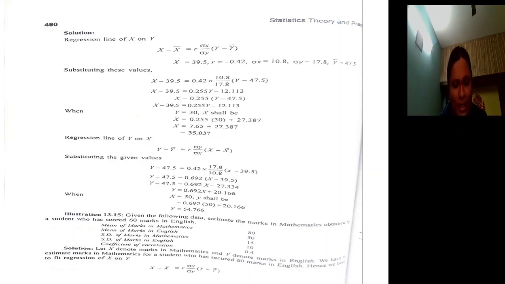Mean of maths marks and English means X bar and y bar is given. Standard deviation of maths, that is standard deviation of x. Standard deviation of marks in English, standard deviation of y. Correlation coefficient. So what they asked is we have to estimate marks scored in maths when his score in English is 60. So we considered marks scored in maths as x.